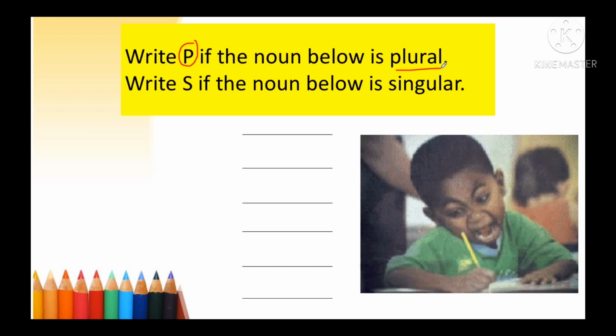That means that is more than one, or two or more. Write S if the noun is singular. That means only one. Are you ready? I will count 10 seconds for you to answer the following. Okay? Your time starts now.